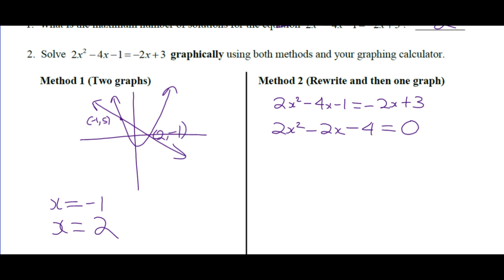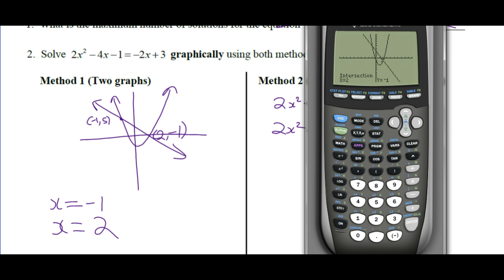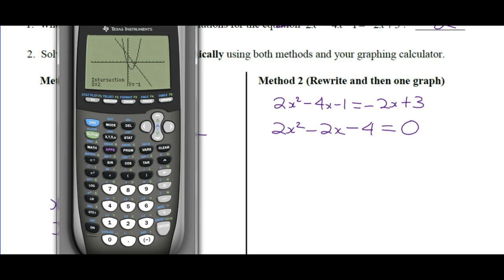We go back to our graphing calculator. Drag it over here, so we go to y equals, we'll clear out what's in there. Okay, we'll enter 2x squared minus 2x minus 4. And we'll hit graph.